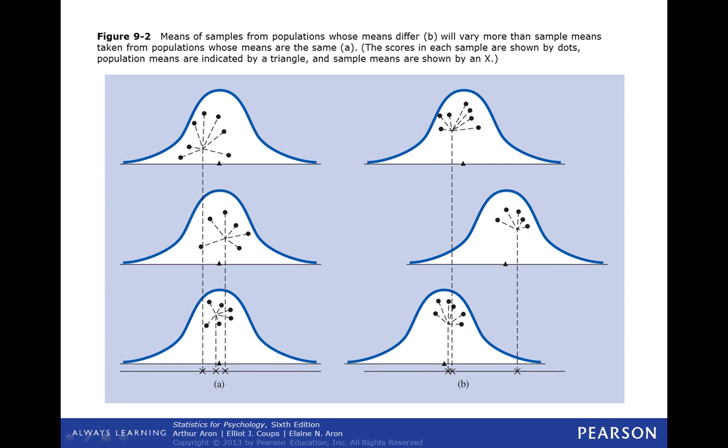In contrast, if your populations do not all have the same mean, which is what the right hand shows, notice the first you draw sample scores from here. In the second population, you draw sample scores from here. And in the third sample population, you draw the sample scores from here.